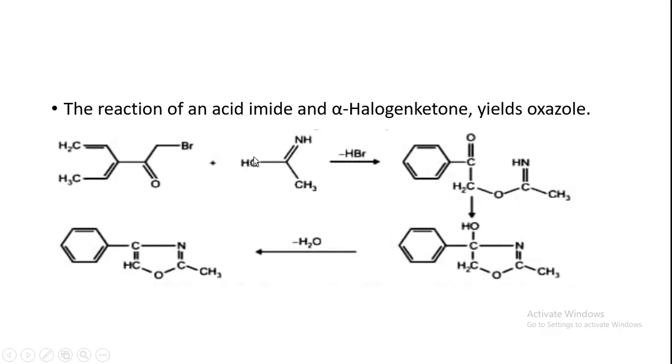Then there is CH2, then again C double bond O, and this undergoes cyclization. Here C and N are connected, and this H shifts to this oxygen to form OH. So this is the compound.